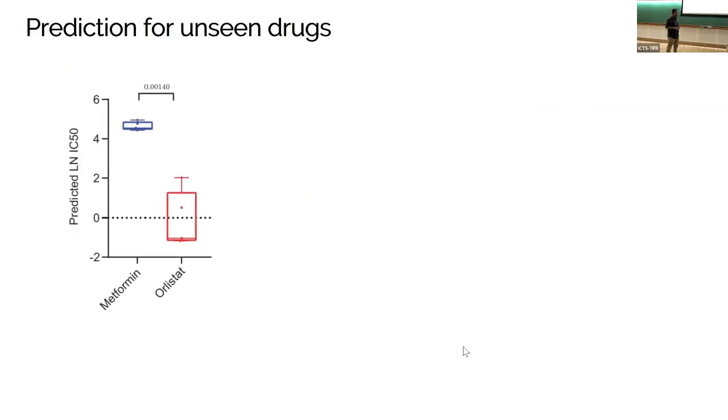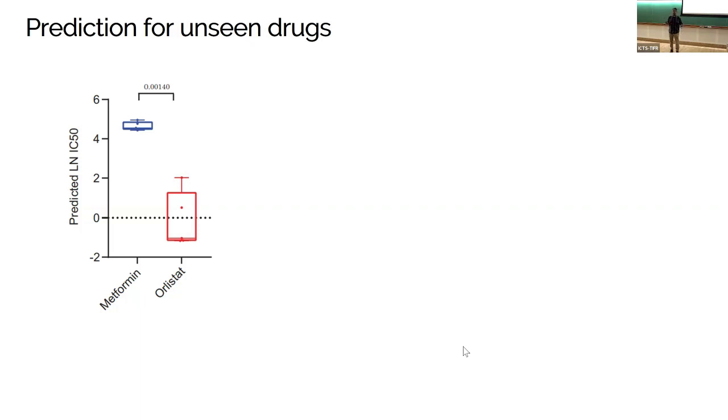Then, if you noted carefully here, we considered the descriptors of the drug, not the drug names. So if you give me the SMILES, the configuration of the drug, the molecular details in a vector form, I can predict for the drug too, right? We did that with two drugs, metformin and orlistat.